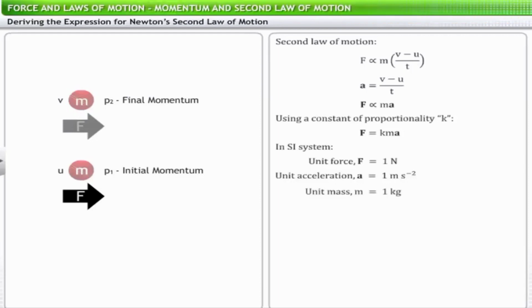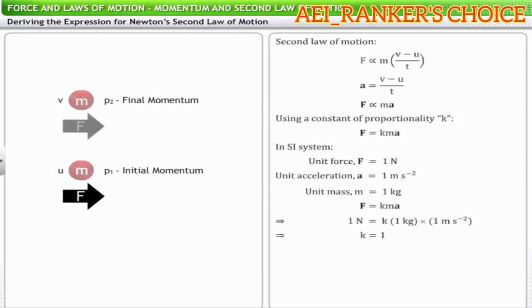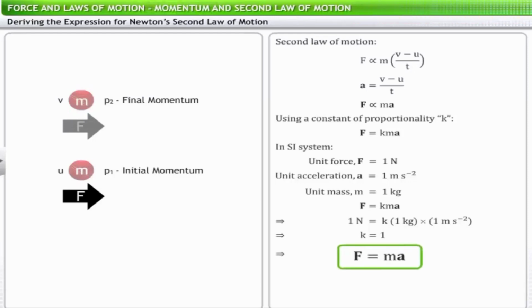Thus, substituting the values in the expression F is equal to kma, and simplifying, we get the value of k as 1. Hence, we get the mathematical expression of the second law of motion as F is equal to ma.